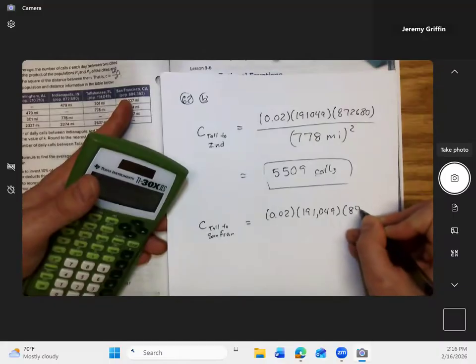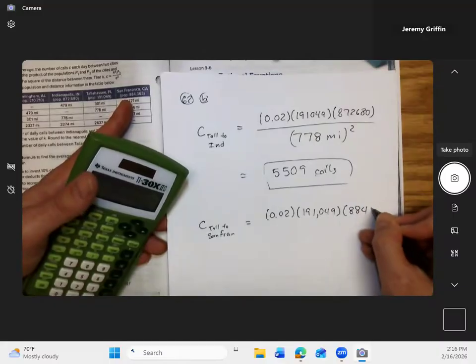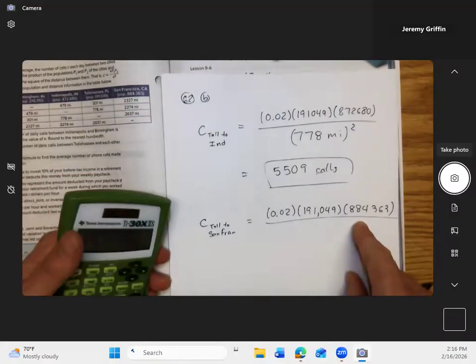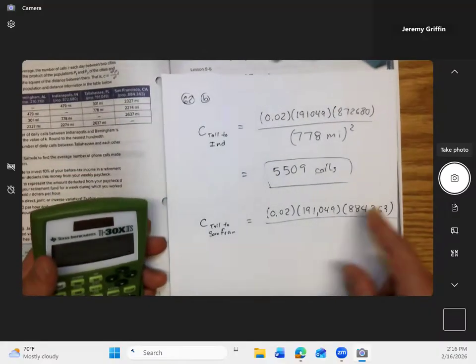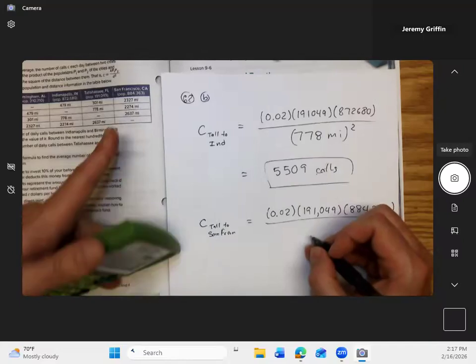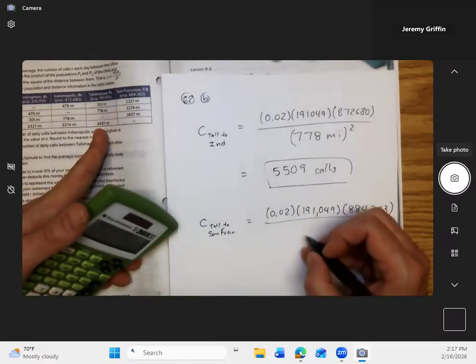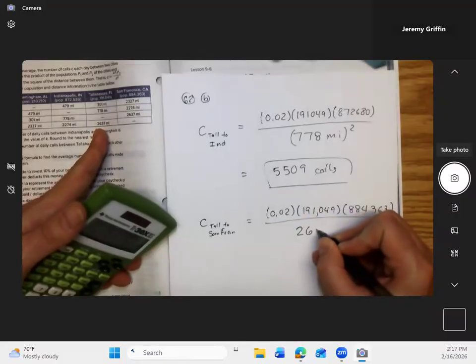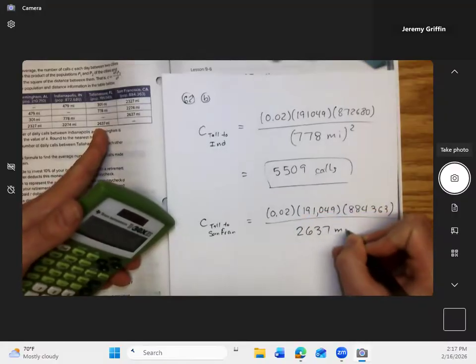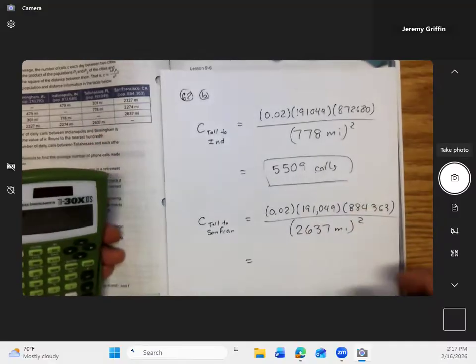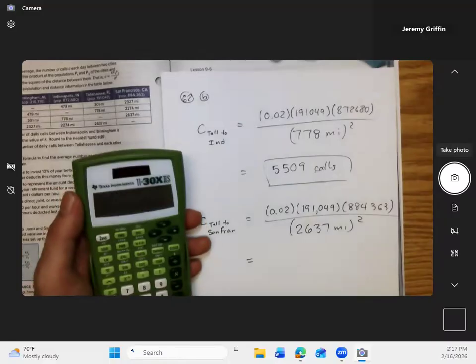But whatever the metropolitan area is defined as, or maybe it's like city limits. But it is so far away. So it's on the other coast. So this is from Tallahassee to San Francisco. They got 2,600 and something miles. And that's being squared. So maybe this is even a lot fewer calls just because it's so far away. Let's see if that's true.